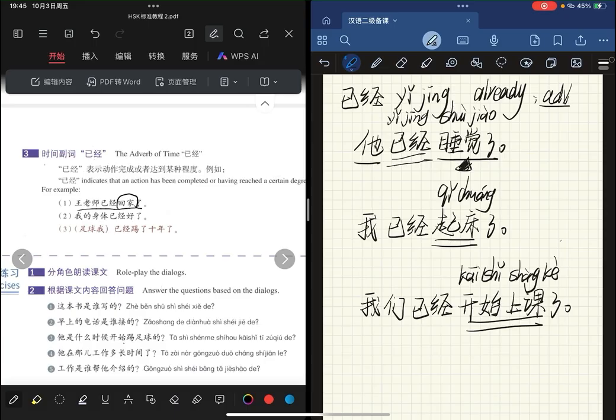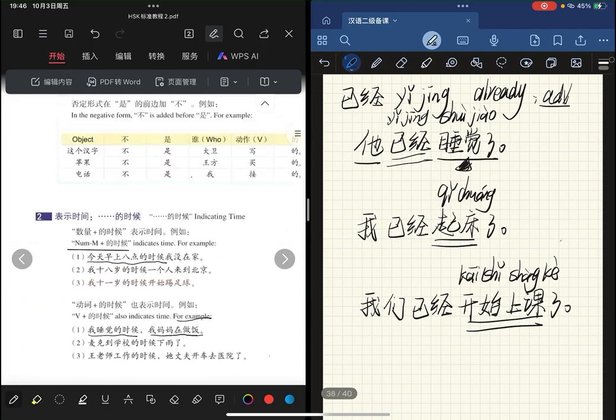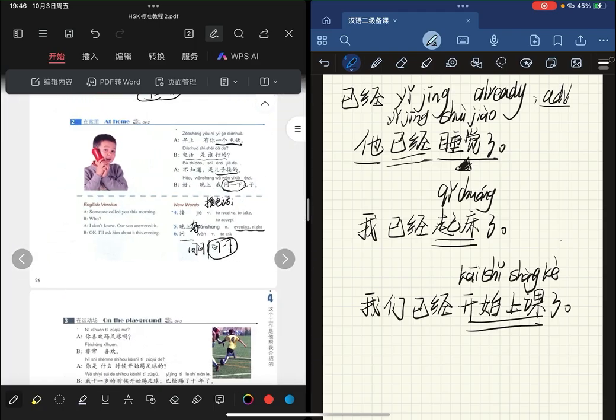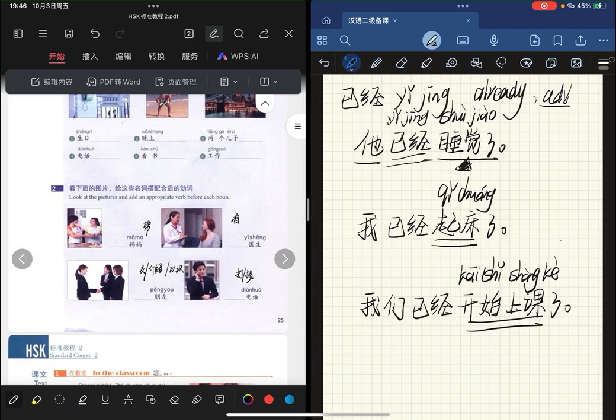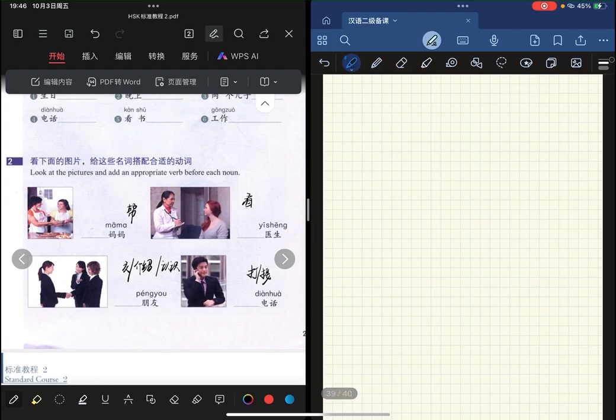The last one, 我们已经开始上课了。We have already started the class. Okay, so that's the grammar point we learned today, and then let's see the warm up too.